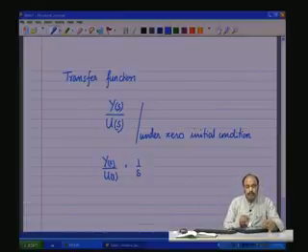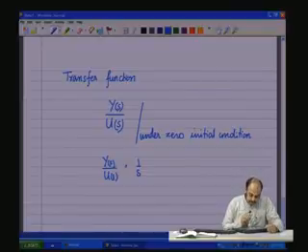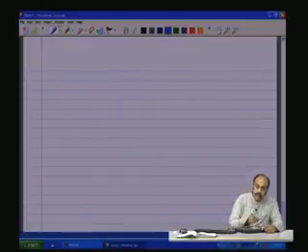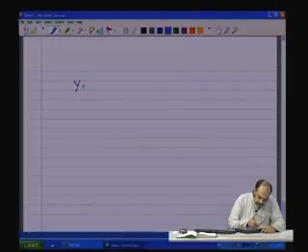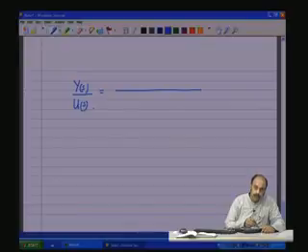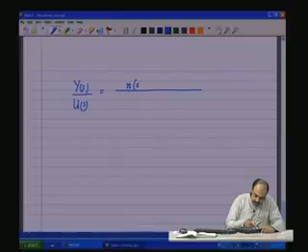Now, we should be able to obtain the transfer function of any circuit, and the transfer function of any circuit will be of this general form: y s, the output variable Laplace transformed, over the input variable Laplace transformed, equals a numerator which is a function of s, a numerator polynomial, over a denominator which is a function of s, a denominator polynomial.